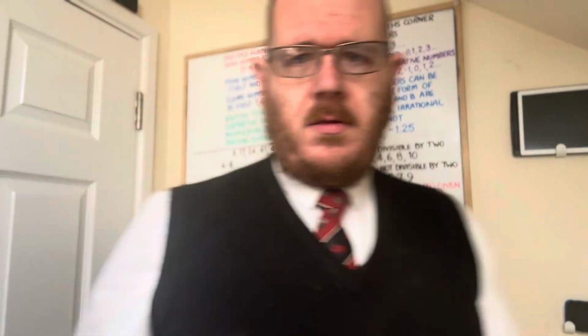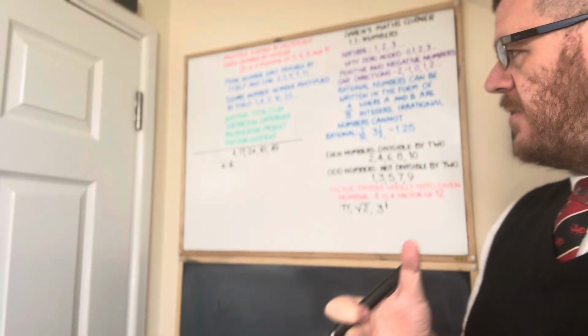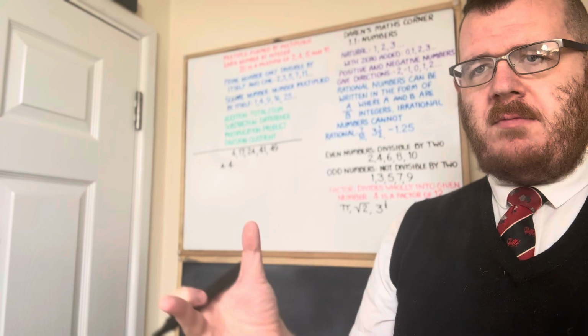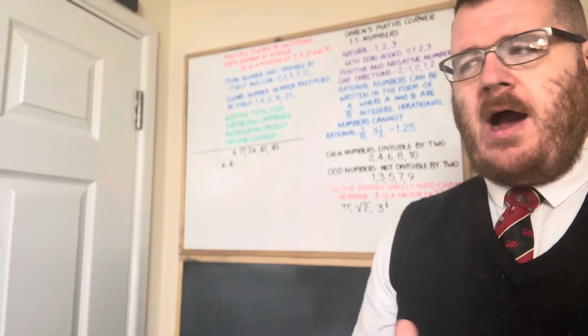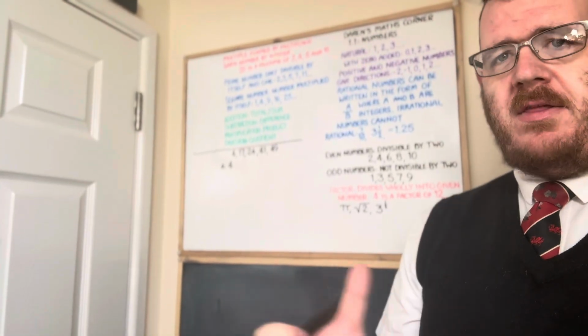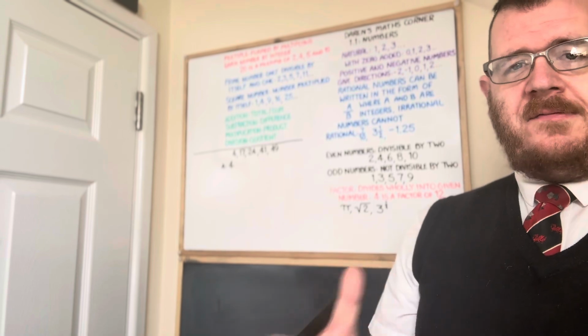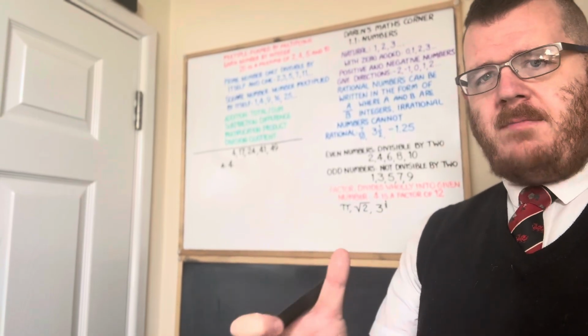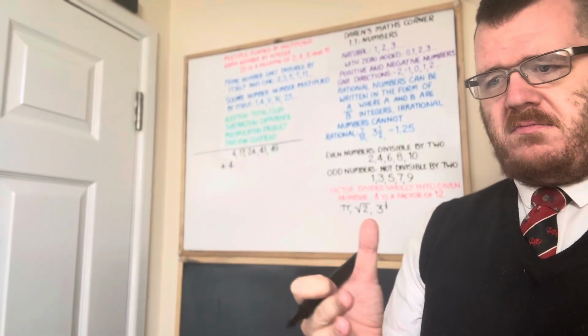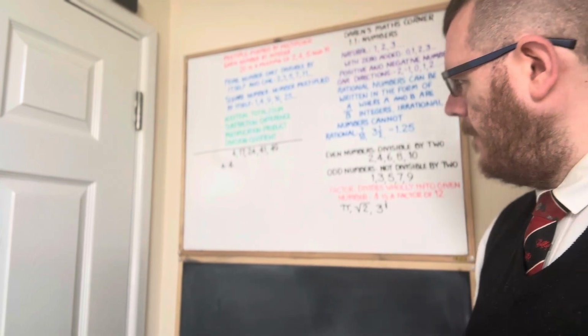Because the multiples of 8, leaving out the prime ones, there'll be 2 and 4.